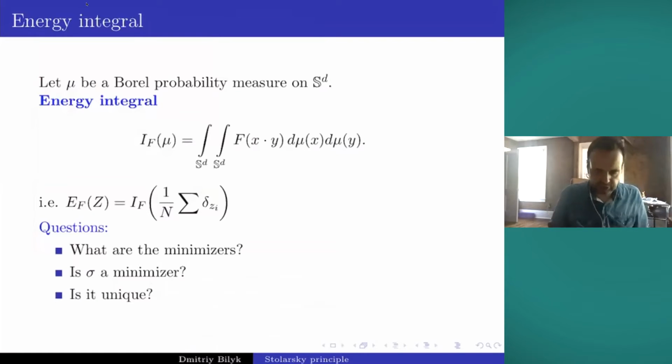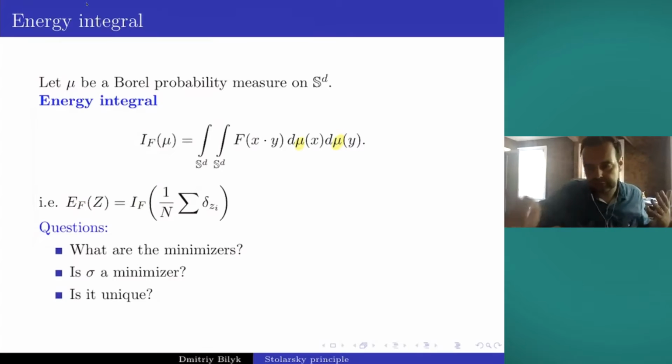In addition to the discrete energy, we will also consider the continuous energy, or the energy integral. Here is just the double integral of f with respect to a given probability measure mu. The notation is chosen in such a way that it's very compatible. The energy integral with respect to this empirical measure, the discrete measure with equal masses, is exactly equal to the discrete energy as I defined it before.